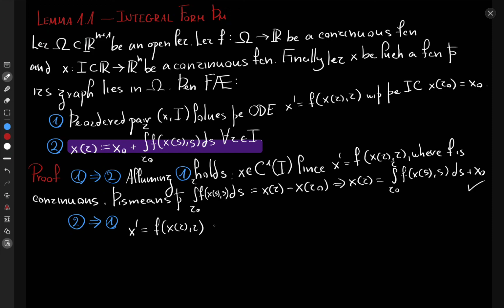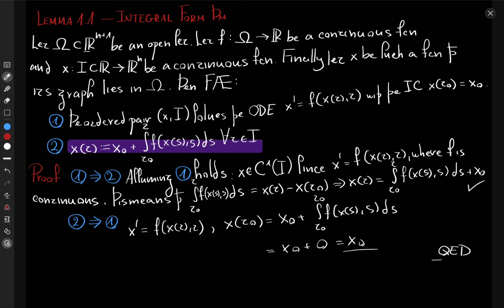And we also observe that x of t0 as defined is x0 plus the integral of t0 to t0 of f of x of s ds, which is x0 plus 0, which is x0. And this concludes this lemma.